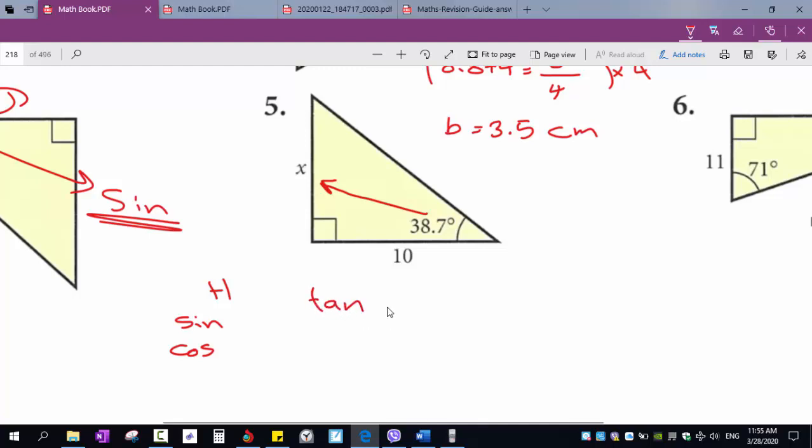Now, tan of 38.7 is, tan is opposite over adjacent. So it's x over 10.